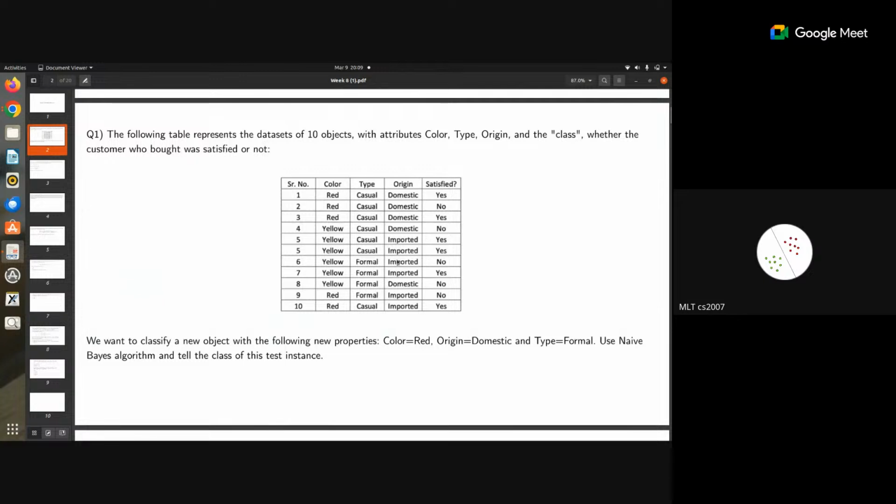And how many features are there? Three, right? So each x is in how many dimensions? Three dimensions. Okay.